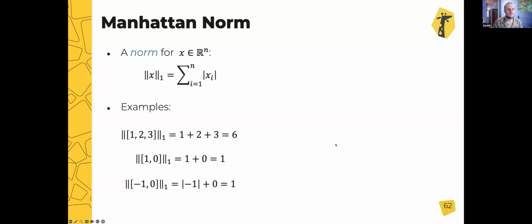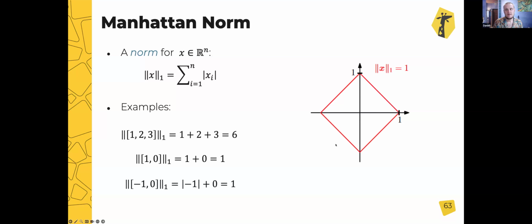Okay? It is why it is called a Manhattan norm, or sometimes taxi cab norm, because it looks like the road grid of New York City, and how cabs move there, because they move on a grid, with a sharp 90 degrees turn.